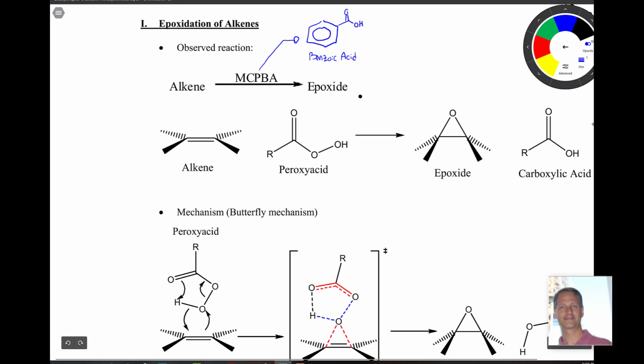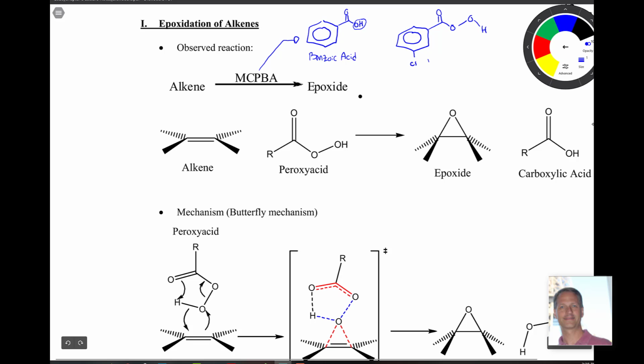What MCP stands for is metachloroperoxy. The peroxy is when we have an OOR group, or it could be an OOH group. If we take that and put a chloro group on it, and we'll learn about what the meta means, let's leave it like this for right now. Meta is here. It's a chloro group. And an OH down there makes it a peroxy acid.